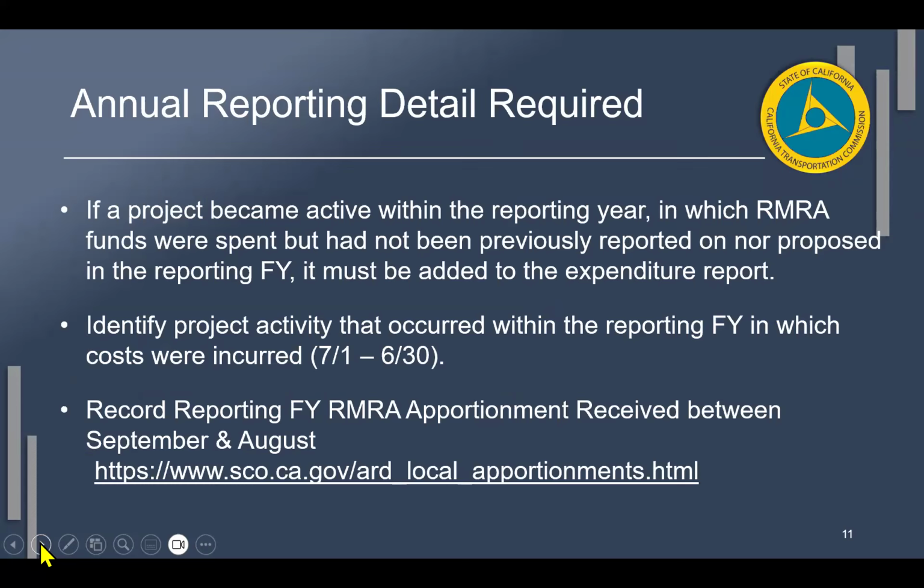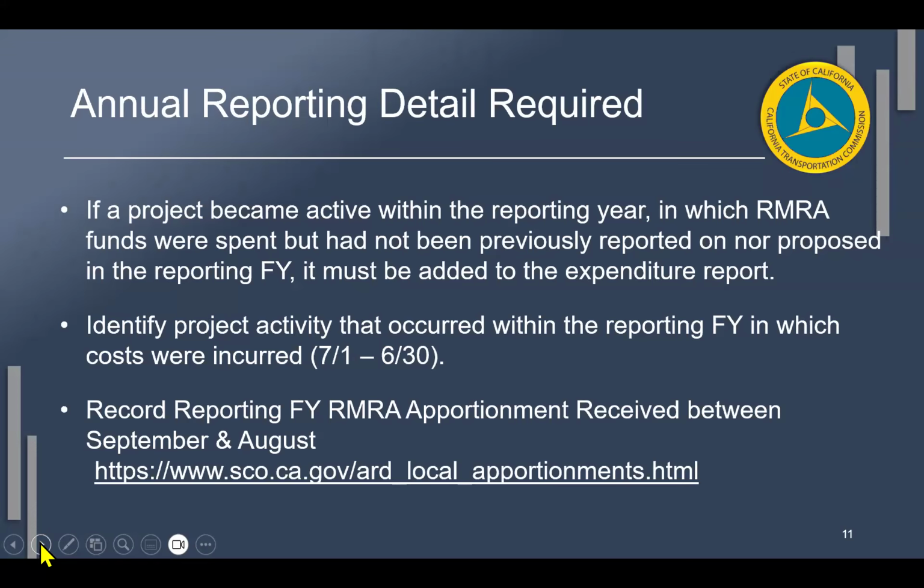So here's a little bit more of the detail that's required. If a project became active within the reporting year in which RMRA funds were spent but had not been previously reported on nor proposed in the reporting year, so this means it didn't show up on your project proposed list, and didn't show up on your expenditure reporting list the year prior, you are going to add it as a new project, right?